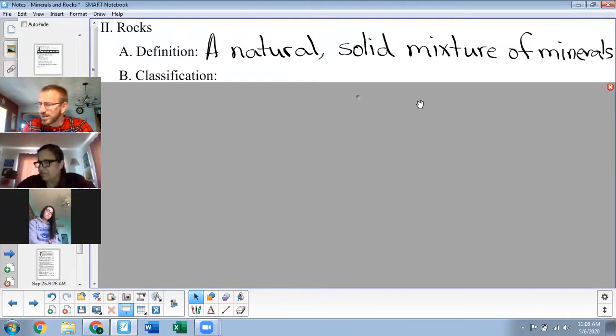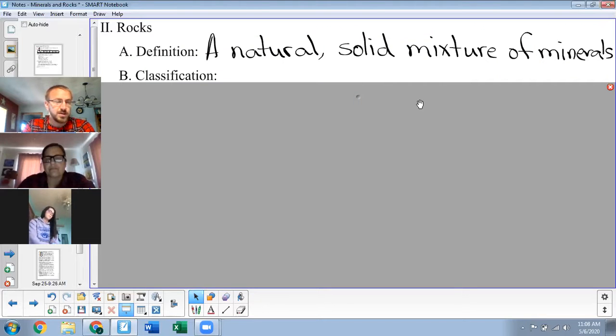At one point I gave the example of a cookie representing rocks and minerals. A cookie is made up of different parts. You've got your flour, your butter, your sugars, and baking soda that go into the dough.